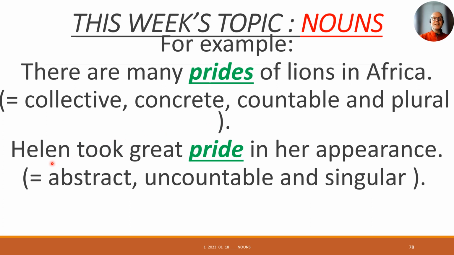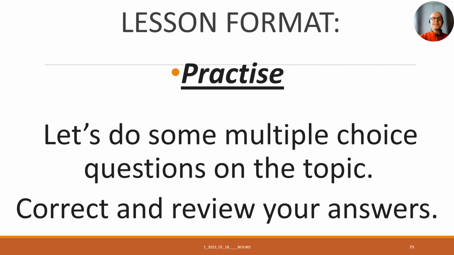However, if you were to say Helen took great pride in her appearance, pride in this context would be abstract, uncountable, and singular. So the important thing is to remember the context that the noun is being used before deciding which type of noun it actually is.